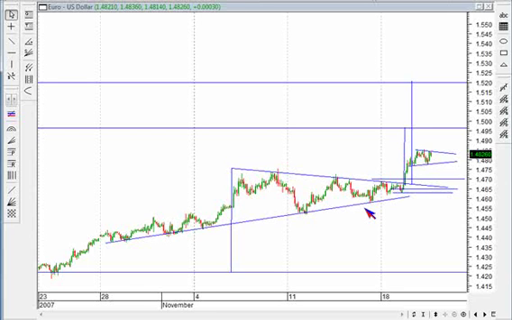The most common continuation patterns, I would say, are triangles, the ascending triangles or descending triangles. And for reversal, the most consistent one is a head and shoulders. If you see a head and shoulders, it's probably going to play out. So that's what I'd look for.